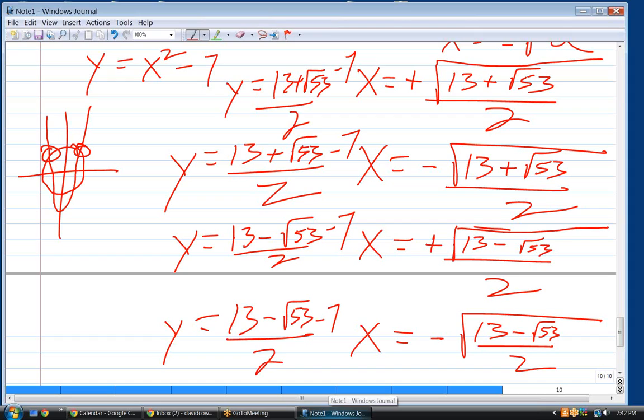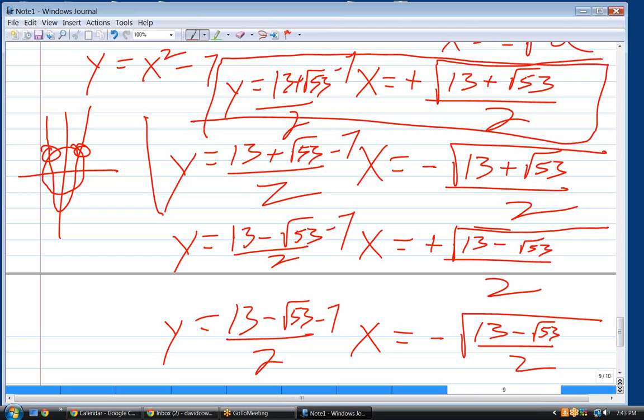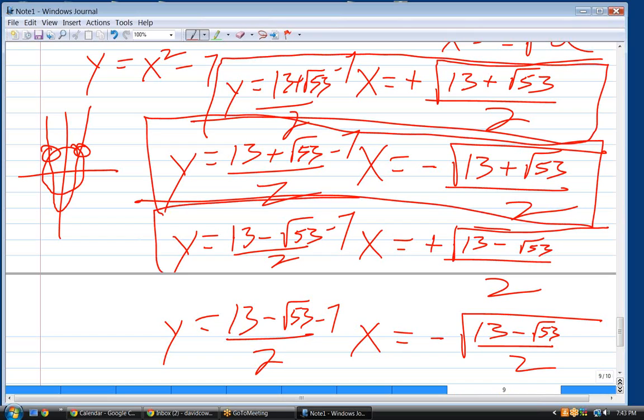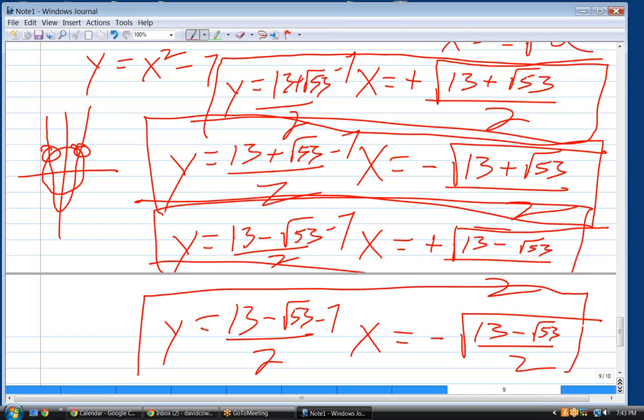So we've got 4 solutions. There's 1, there's 2, there's 3, there's 4, which matches our picture perfectly. If we did not get 4 unique points on the xy coordinate plane, then we probably did something wrong.